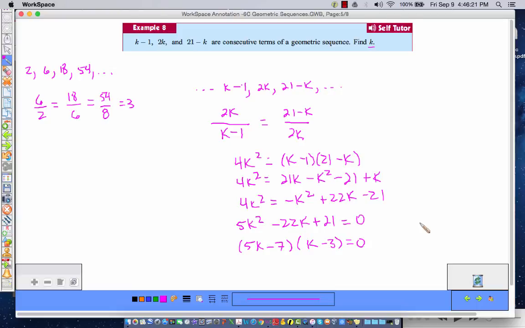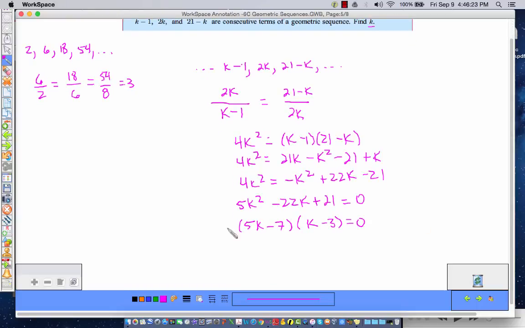And we get k equals 7/5, or k equals 3. Okay, and you can check it, like if we substituted those values back in for k, you could make sure they have the same common ratio, but both of them would form two different geometric sequences that satisfy this requirement.